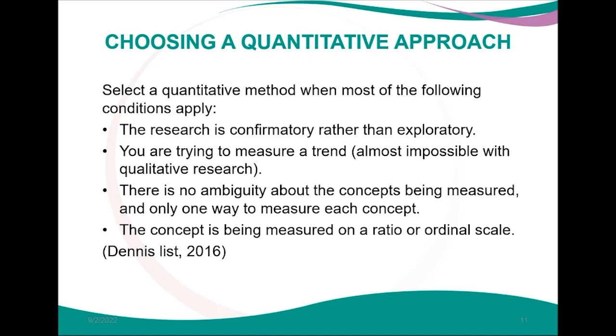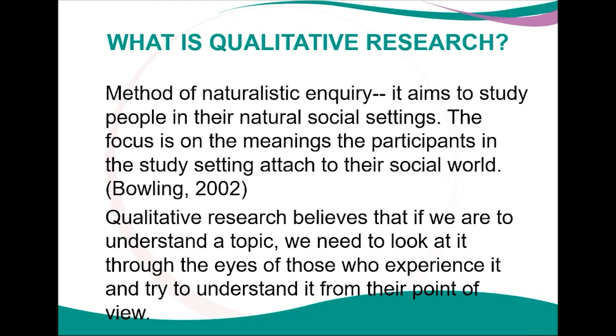There is no ambiguity about the concept we measure. The concept is being measured on a ratio or ordinal scale. So these are the conditions under which you can use your quantitative research approach. So let me talk briefly on what is qualitative research.